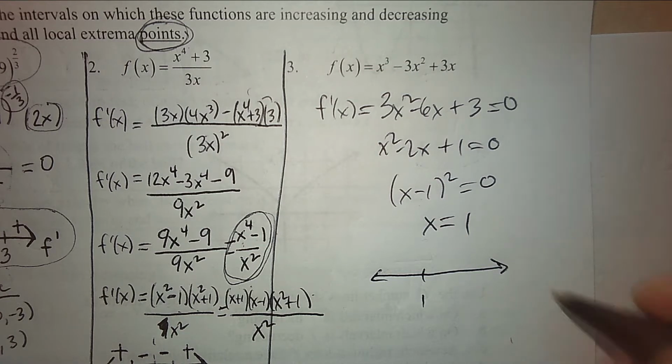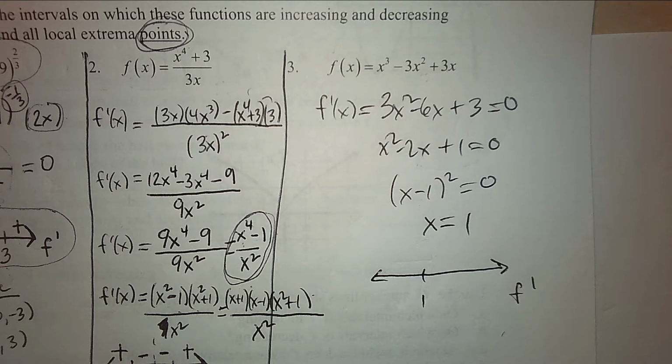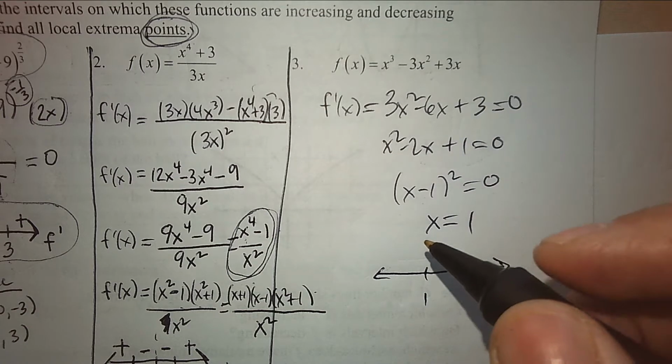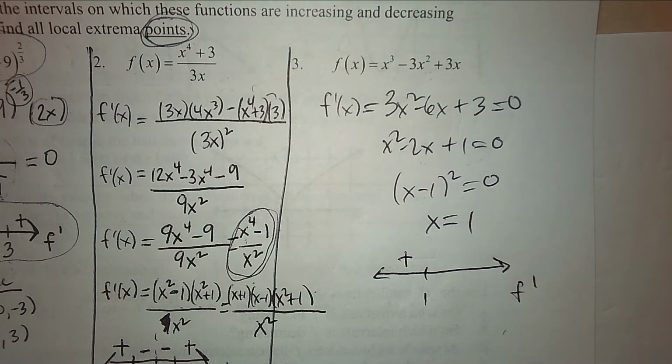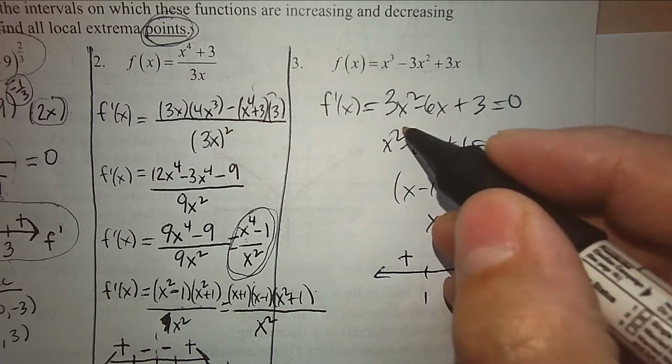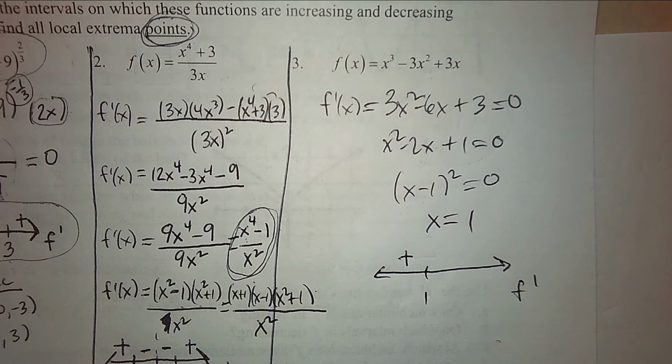Test it using the first derivative. What's an easy number to plug in that's less than 1? 0. Is the answer positive or negative? Beautiful. Now plug into the derivative a number bigger than 1. You can use either one. It doesn't matter. If you plug in 2, what happens?